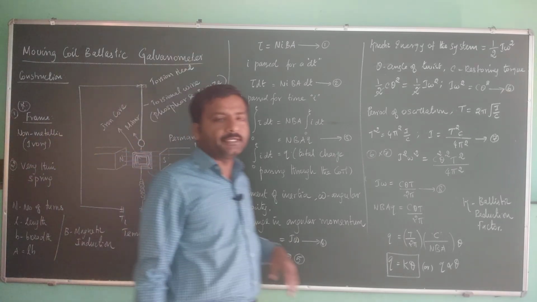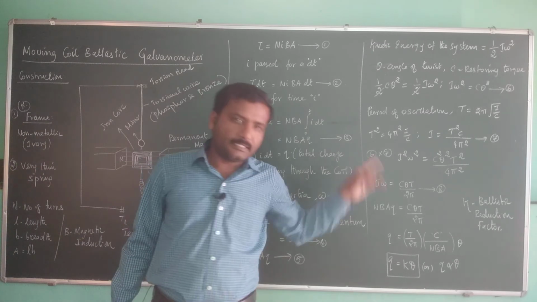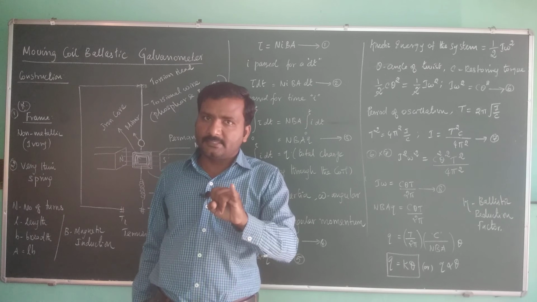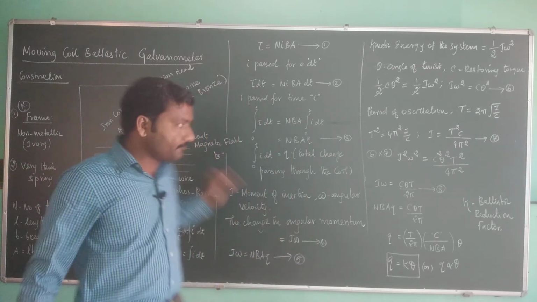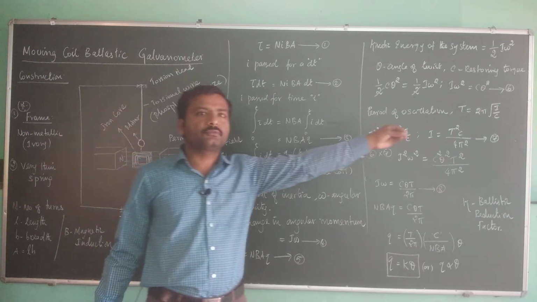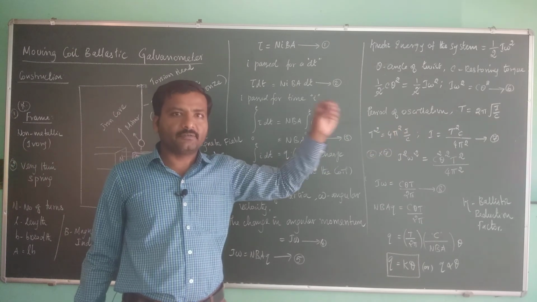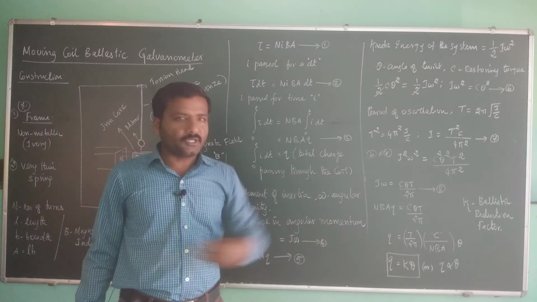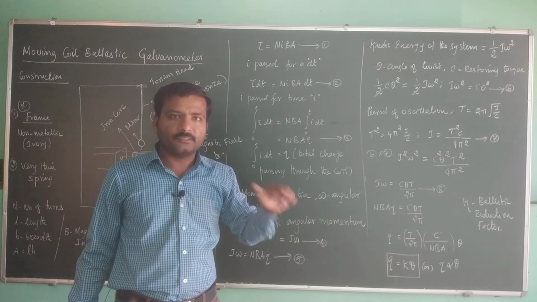But one important point is, we said this decay is assumed to be negligible, but due to air resistance and the induced current, there is a decay, right? If that is the case, then the first throw itself will not be the original throw. Even though we have considered that the current passes through before the coil starts to move, once the coil starts to move, an induced current is created in the coil.